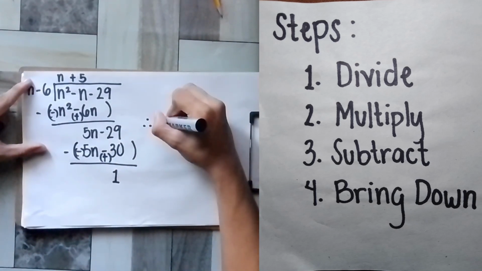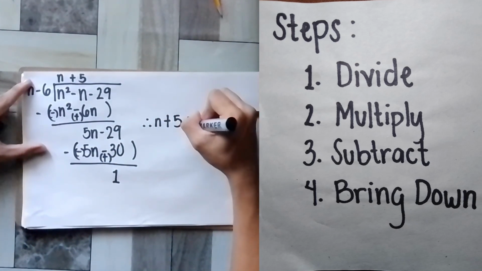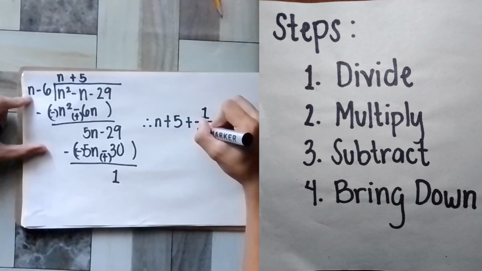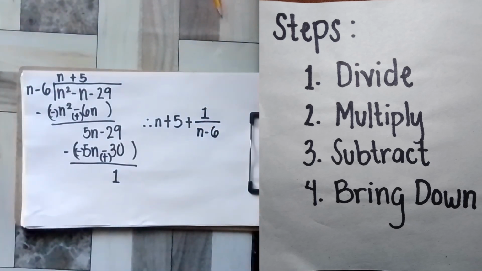Therefore, the answer of this equation is n plus 5 plus 1 over n minus 6. Now that we've discussed dividing polynomials using the long division method, here are the examples.